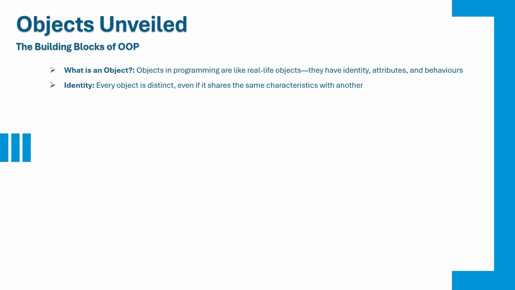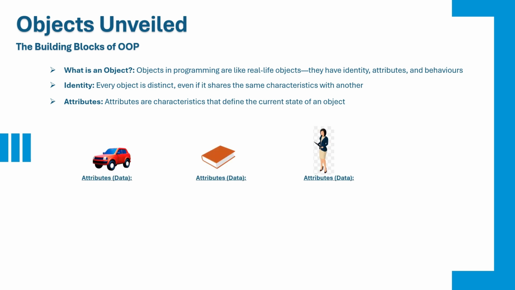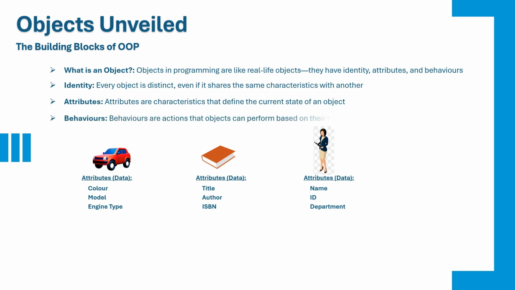Next are attributes. These are the characteristics that describe an object's state. A car might be blue or black. An employee has a name, an ID, and a department. These attributes define the current state of the object, and importantly, the state of one object is independent of others. Finally, objects have behaviors.